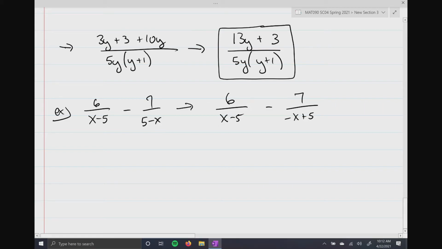How do I change signs? How do I change signs real quick? We went over a problem like that. Anyone?